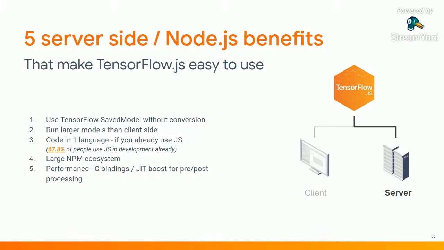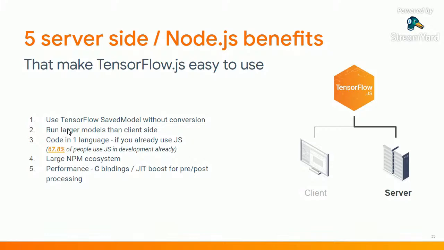Looking at the server side, there are also some similar advantages that make it easy to use in the server-side environment. So this is in the cloud. First of all, you can take a TensorFlow SavedModel from Python and you can use it in Node.js without any conversion. So this is really cool if you do have a machine learning team who want to stay using Python. That's completely fine, but it makes it easier to integrate with your web engineering team if they're using something like Node.js.